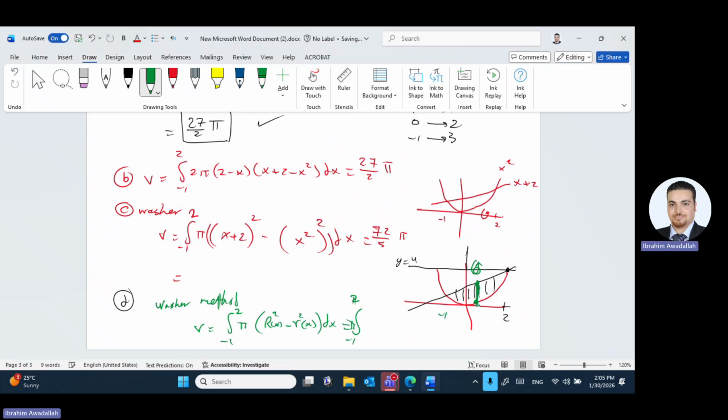No, from here to here, we said in our class, from here to here, it's root of x. So this will be 4 minus x squared, squared, minus 4 minus the other function x plus 2, squared. Don't forget it's squared here. Now the answer should be 108 divided by 5 pi.